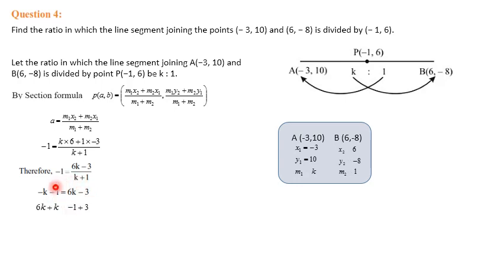This -3 I am bringing to the left side, that becomes +3. That is 6k plus k is 7k, -1 plus 3 is 2. That is k is equal to 2 by 7. That is the value of k. So hence the point P divides AB in the ratio 2 is to 7. That is the answer.